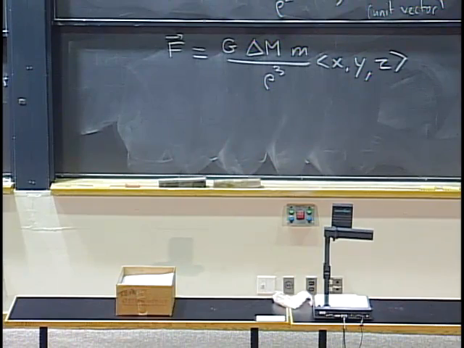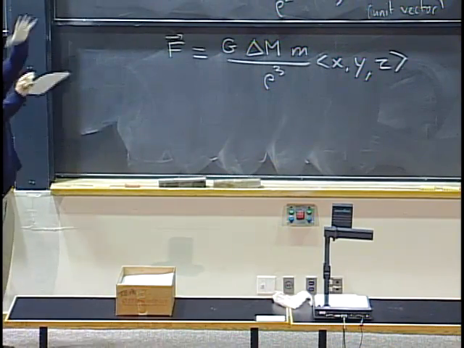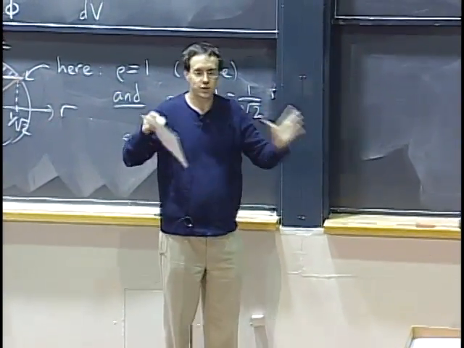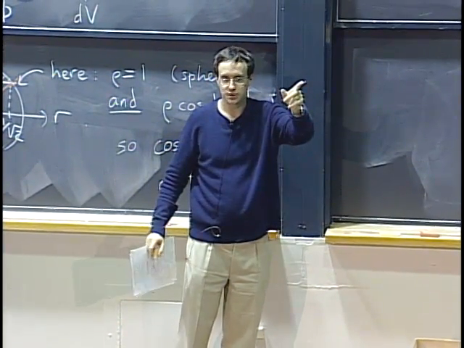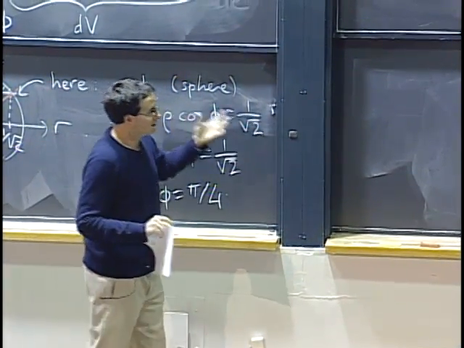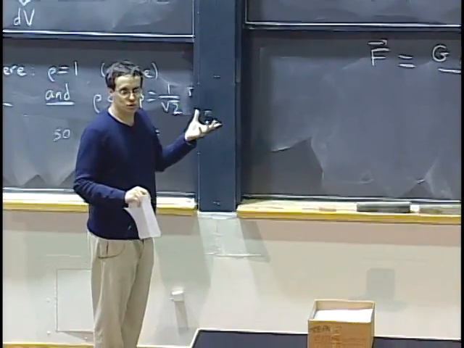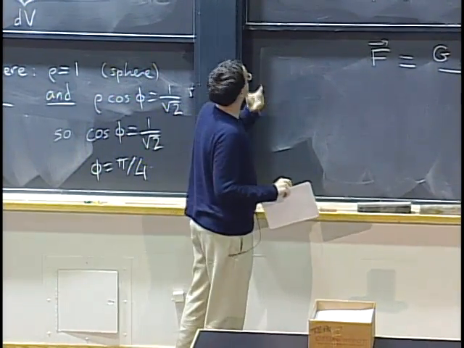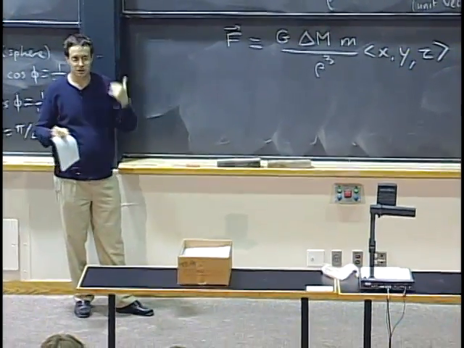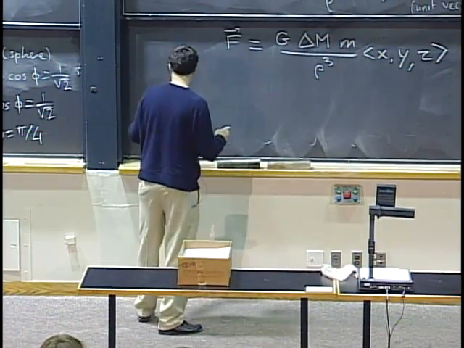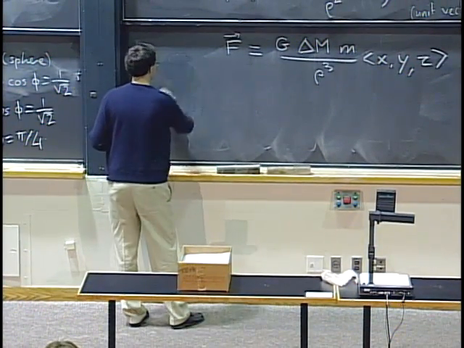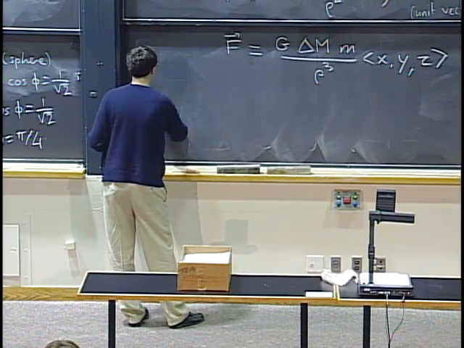Okay, so now if I have not just that little piece delta m, but an entire solid, then I have to sum all these together, and I will get a vector that gives me the total force exerted. Of course, there's actually 3 different calculations in one, because you have to sum the x components to get the x component of the total force, same with the y and same with the z. So let me first write down the actual formula.